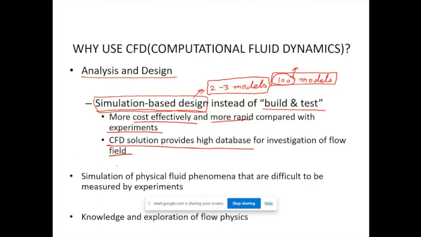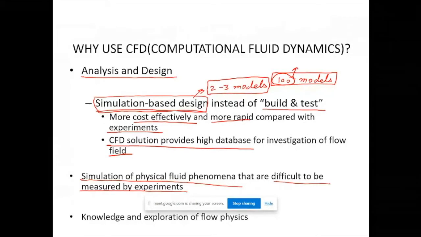The fourth advantage you can see here is the simulation of physical fluid phenomena that are difficult to measure by experiment. Suppose you are doing some combustion analysis where it is very difficult to go into that particular atmosphere and install the sensor there.